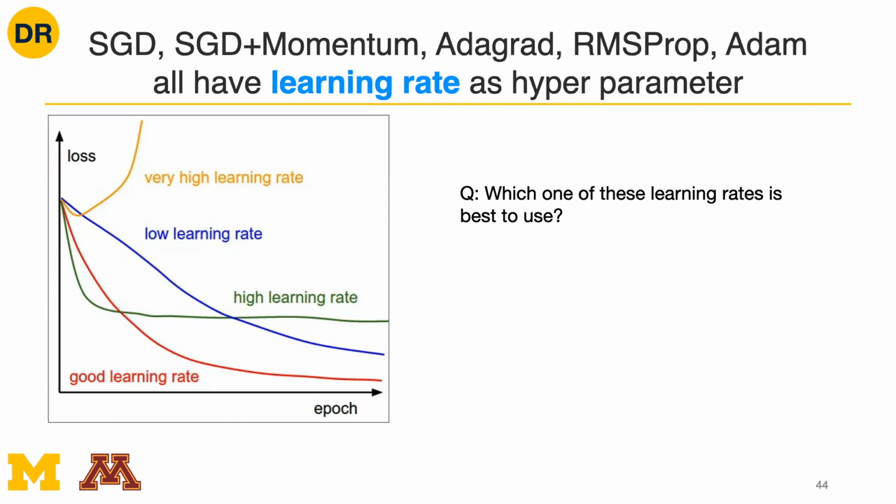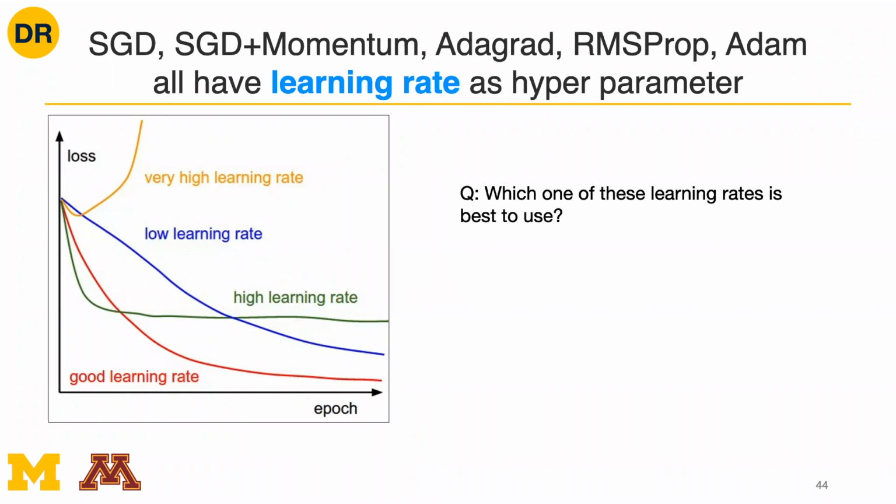On the x-axis, you have the epochs or the number of training iterations. On the y-axis is the loss function. As you can clearly see, the yellow one, which is a very high learning rate, you probably don't want that. What about the other three, like low learning rate, high learning rate, and somewhere in between? Any thoughts on what you would prefer?